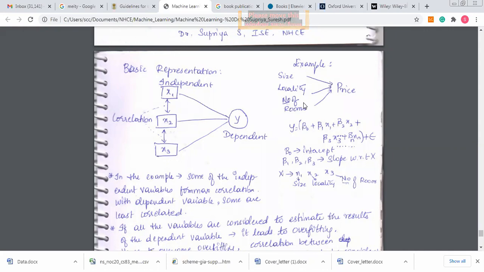All of these input instances, that is the size, locality, number of rooms, and the amenities present, will actually impact the price. So this forms the dependent variable here. Let us consider that I want to buy a villa in a city, somewhere in the heart of the city. Obviously it will impact my price a lot, right?